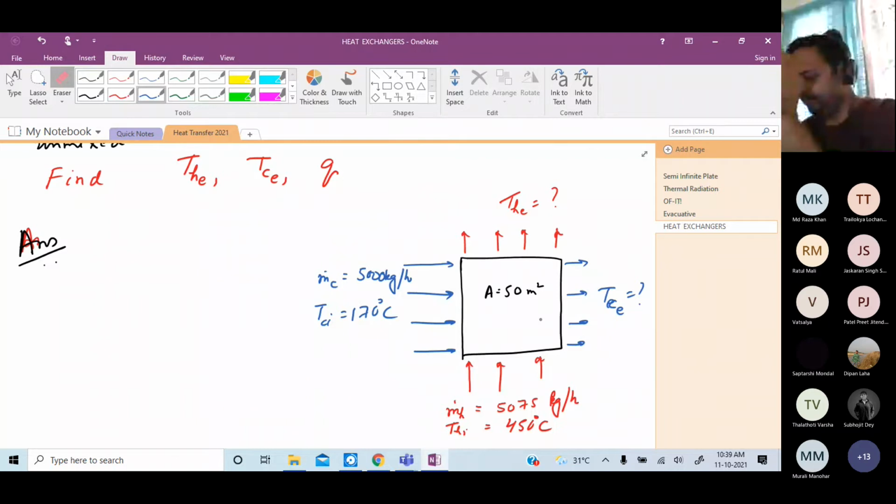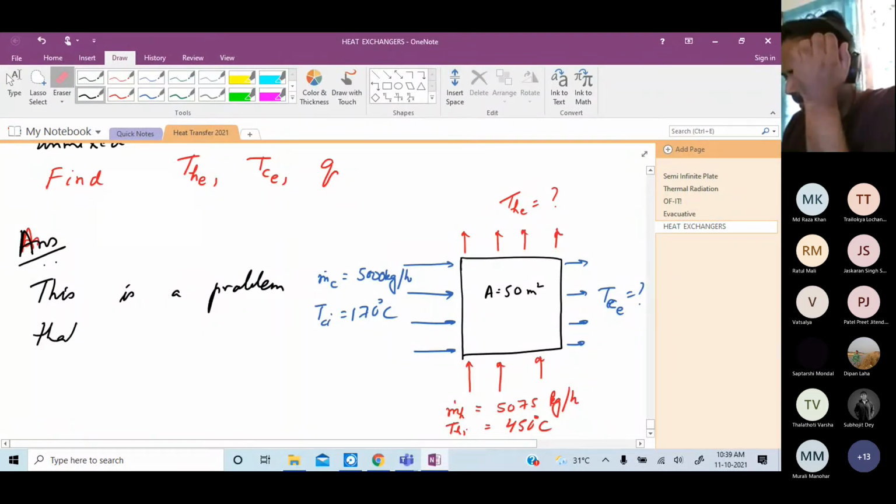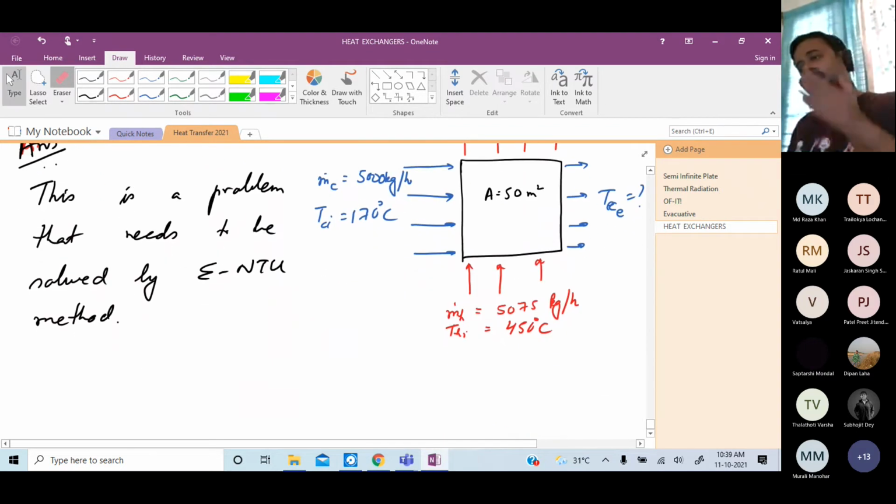So this is a problem that needs to be solved by epsilon NTU method. Remember that any problem that you can solve by LMTD can also be solved by epsilon NTU. That's a more or less generic statement. But not vice versa.